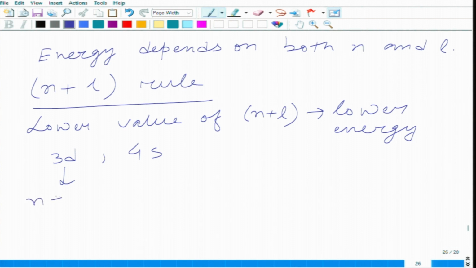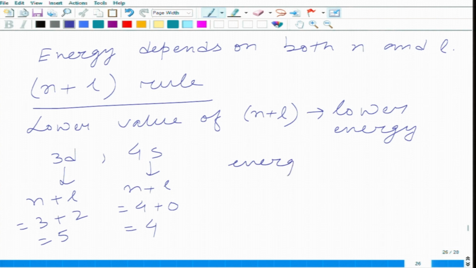For 3d, n plus l will be 3 plus 2, that is 5. For 4s, n plus l will be 4 plus 0, that is 4. Therefore, n plus l for 3d is greater than 4s. So, energy of 3d is greater than 4s, even though 3d is in the third orbit and 4s is in the fourth orbit.